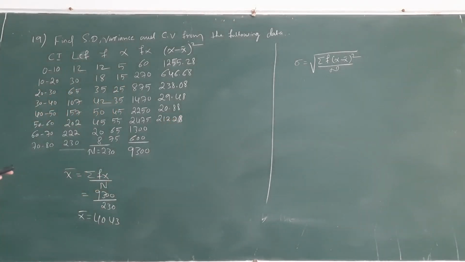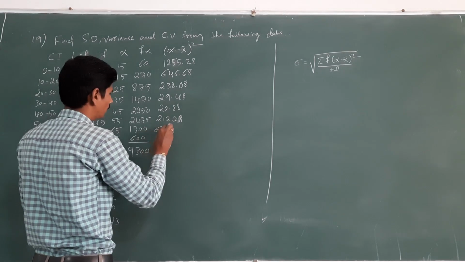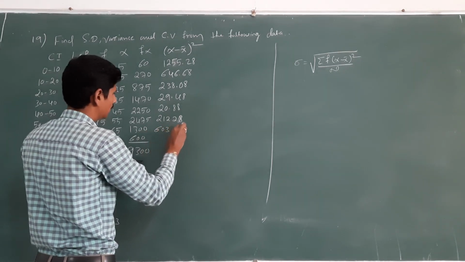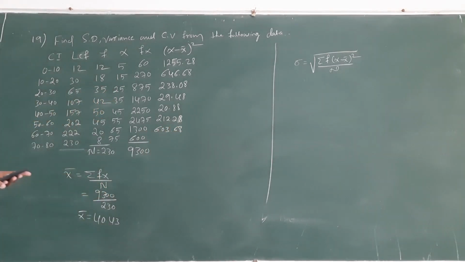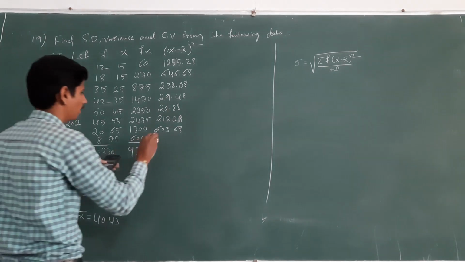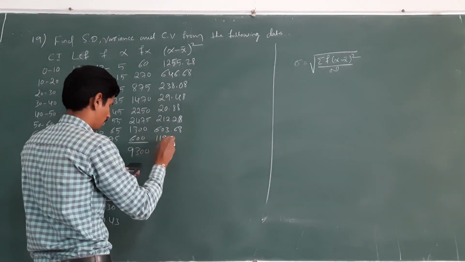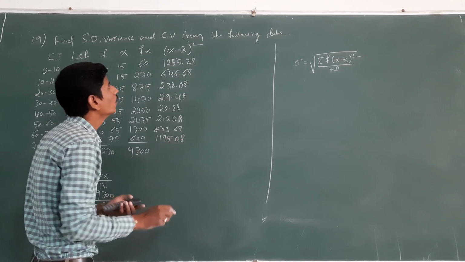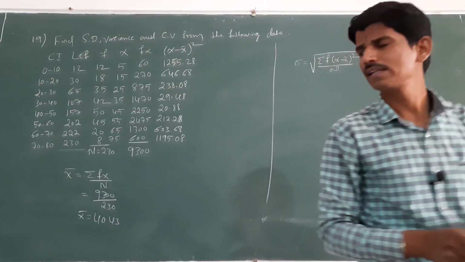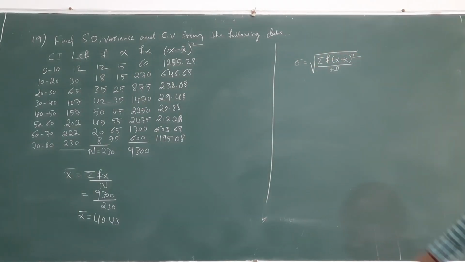Next 65 minus 40.43 is 24.57. Its square is 603.68. The last x value is 75 minus 40.43 is 34.57. Its square is 1195.08.